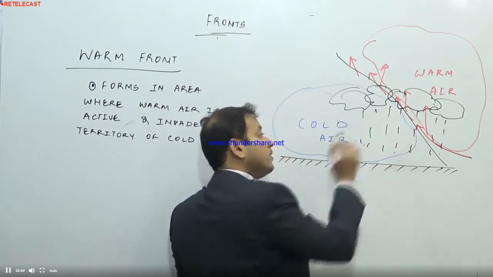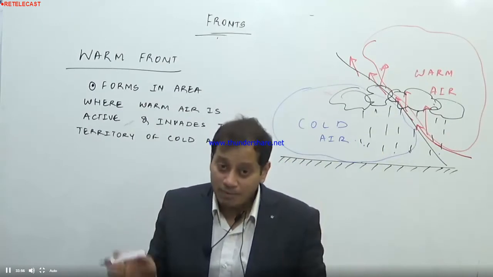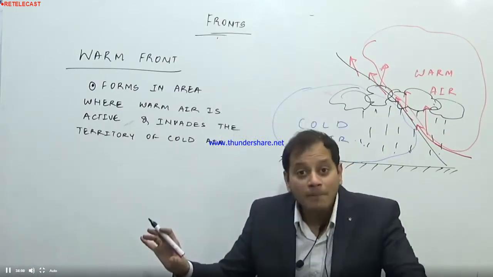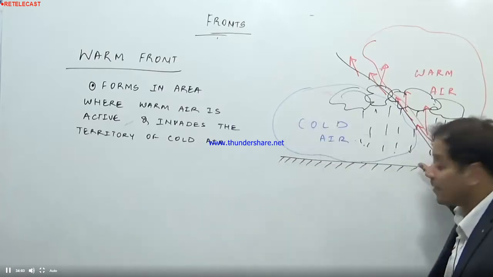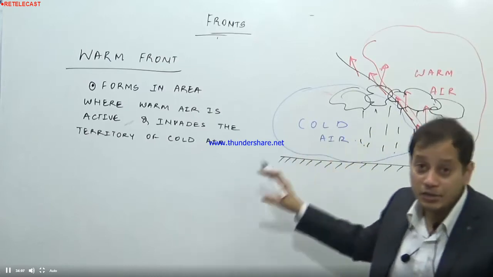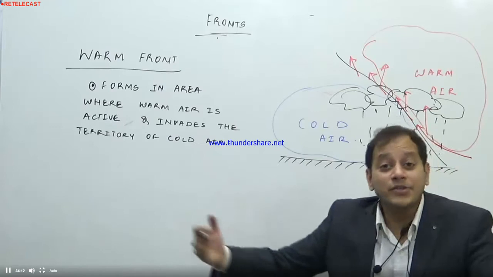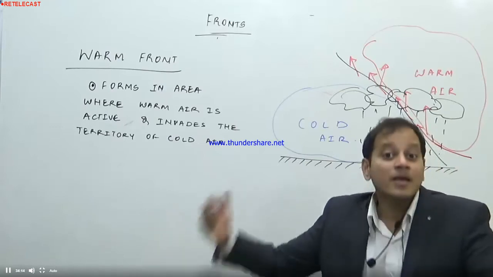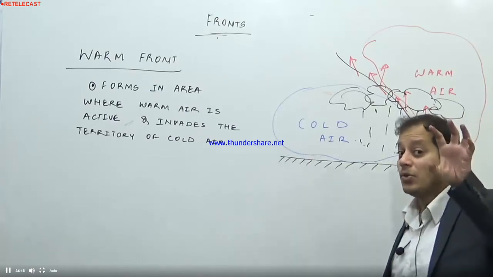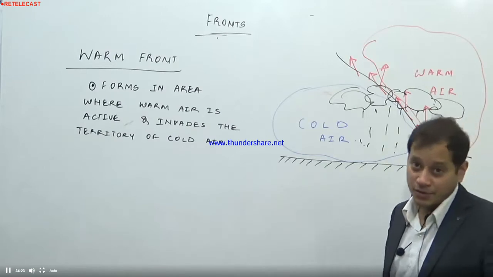So what happens in the warm front? The warm front occurs in an area where the warm air is active and invades the territory of cold air. The warm air, being lighter, rises upwards along a gentle slope. Because it rises gently, obviously it is cooled at a slow pace. Because of the cooling there is formation of clouds, but because it is cooled slowly, there is formation of nimbostratus clouds.